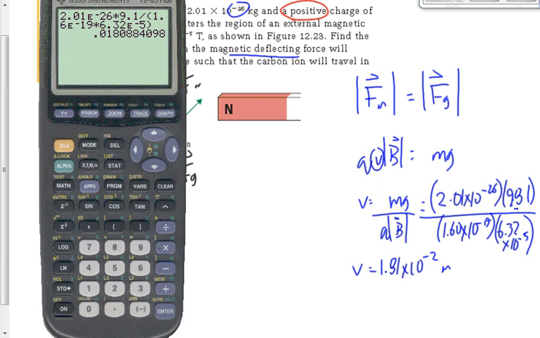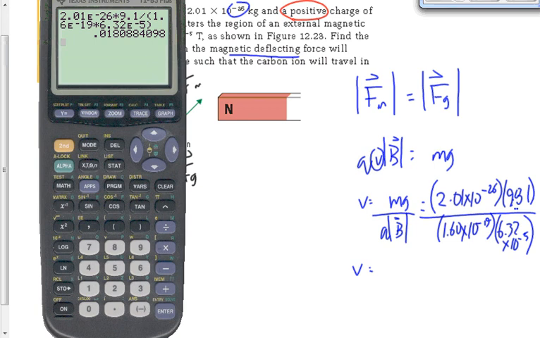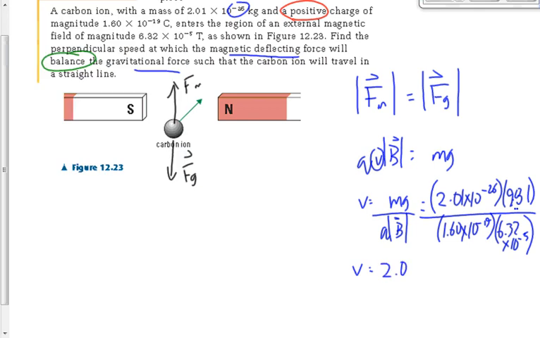We just got to make sure, we got to see which one it was, you or me. 2.01, 9, oh yeah, it was me, because I went 9.1 instead of 9.81, right? So what did you get, Simon? So we both got it wrong, that is what you're saying. Okay. 2.00 times 10 to the minus 2. Thank you.